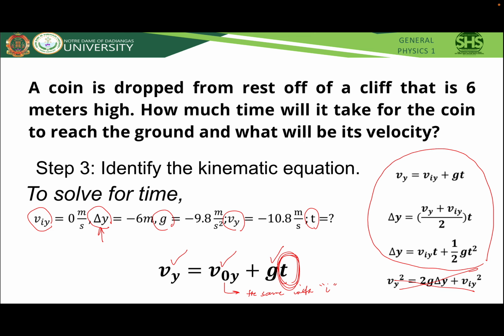Anyway, again, we do have already our final value. We already have our final value, our initial value of 0. And meron na rin tayong G. So, madali na lang kunin ang T. Okay? So, sige, let's go ahead and get our T.